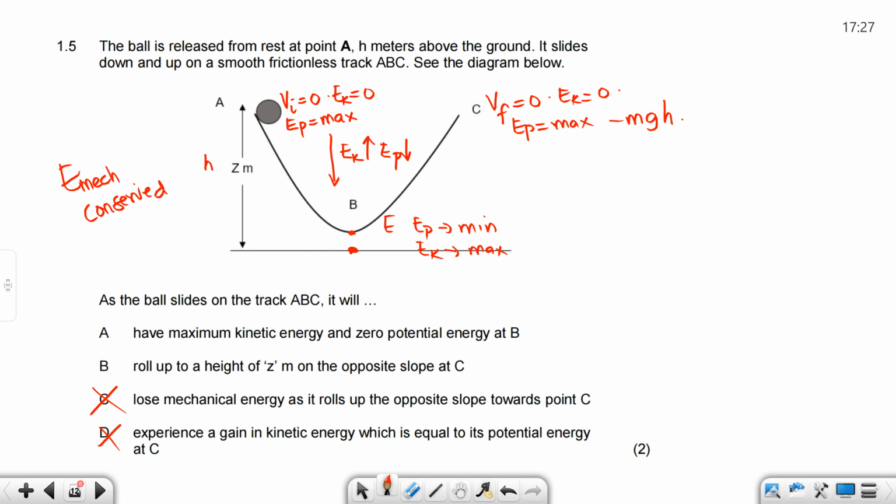Do you notice I did not write 0 there? Why? Because the height is not on the ground. If it were on the ground, potential energy would then be equal to 0. So the correct answer is B. It would roll up because mechanical energy is conserved. Lovely. Are we okay, everybody?